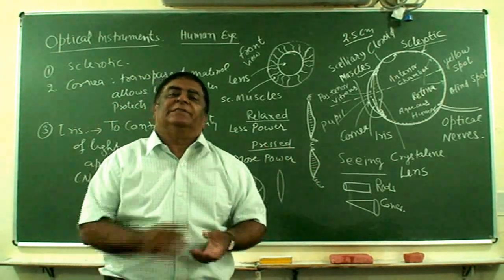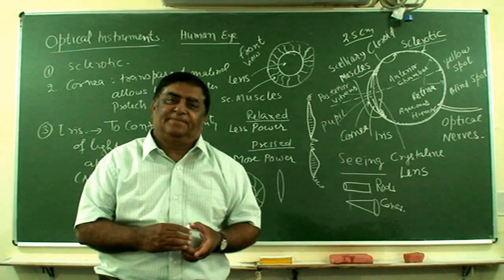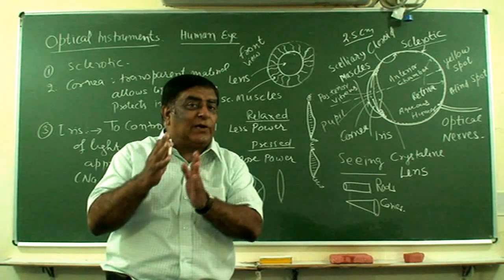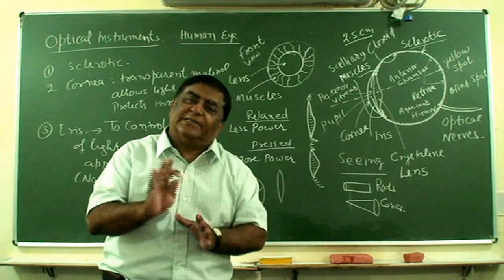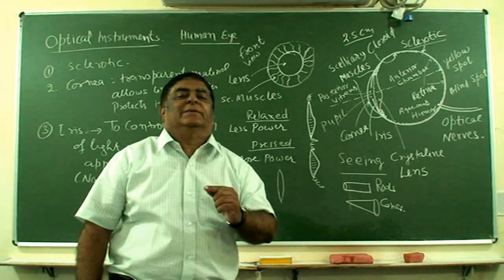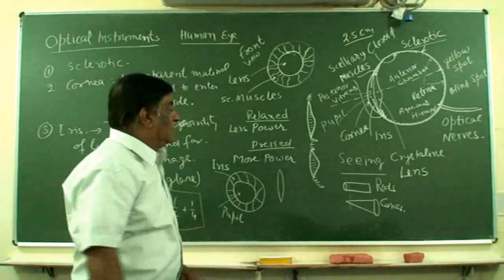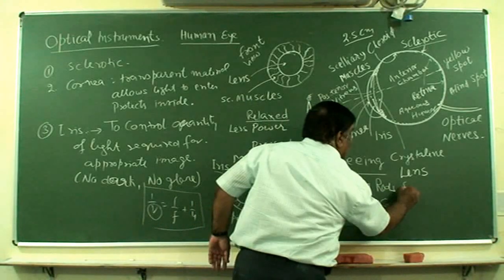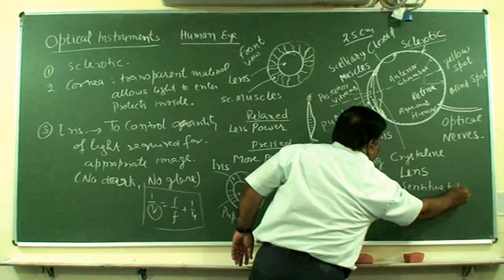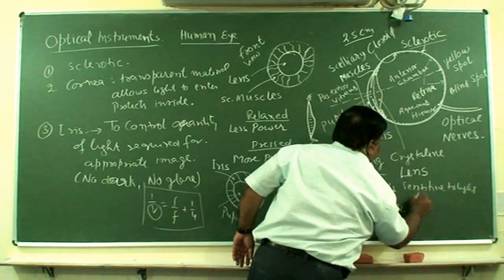There is a difference in their characteristics. Rods cannot differentiate between colors; red, blue, everything is the same for them. They see everything in grey, but they are very sensitive to light, though they see no color.